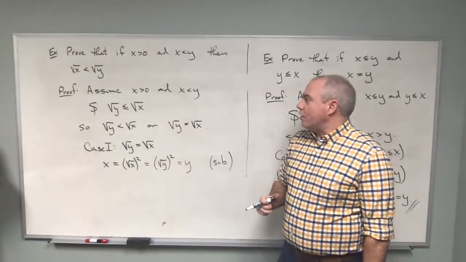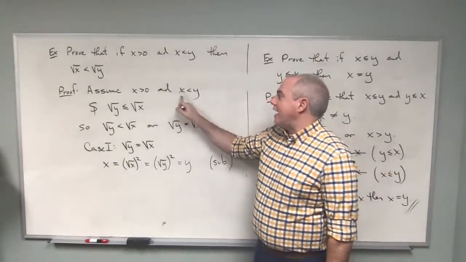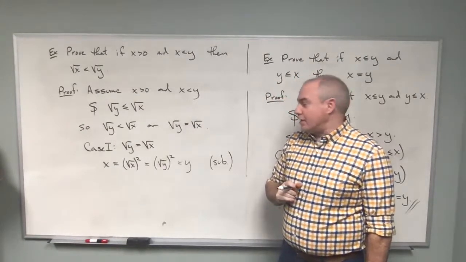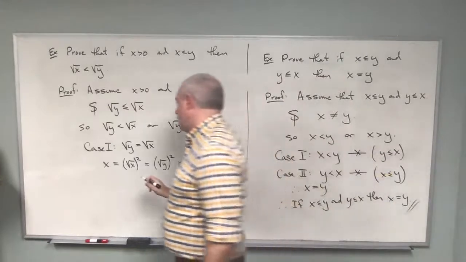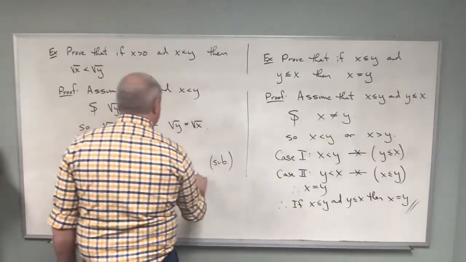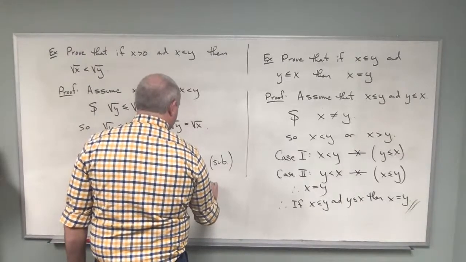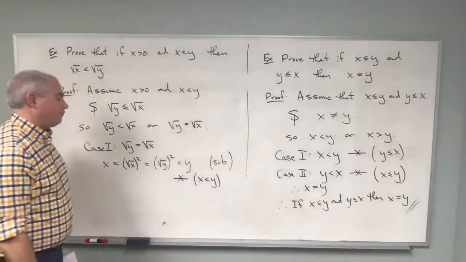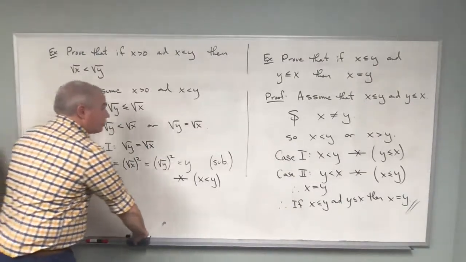But what do I know? I know that x is less than y. It's not equal to y. So that's a contradiction. So this leads to a contradiction because I know that x is strictly less than y. It's not equal to y. Okay, so that's case one.